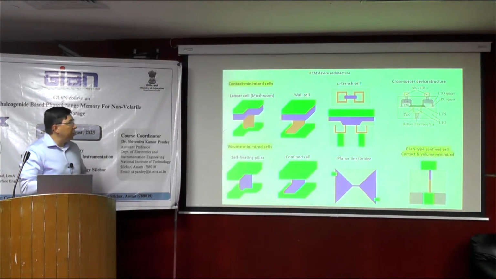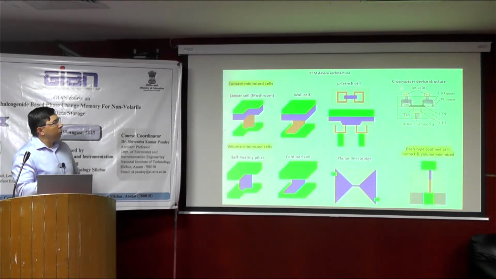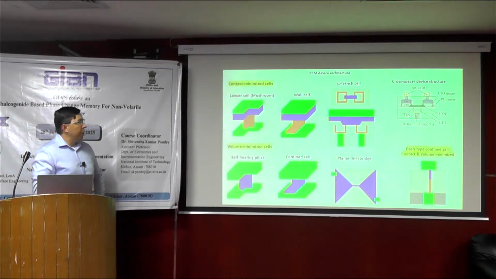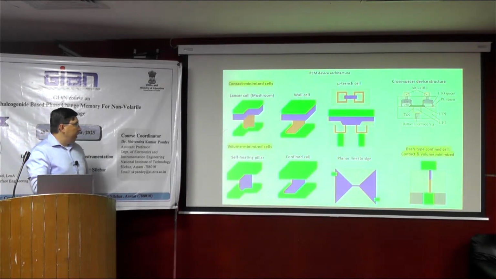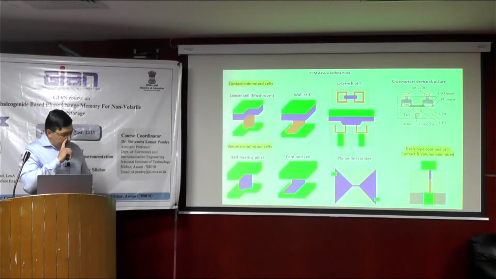In this case there is also a cross spacer device structure. Here it is actually the same as mid-range, but here your heater is connected to both of these small heaters. In the volume minimized cells, these are self-heated PCMs.